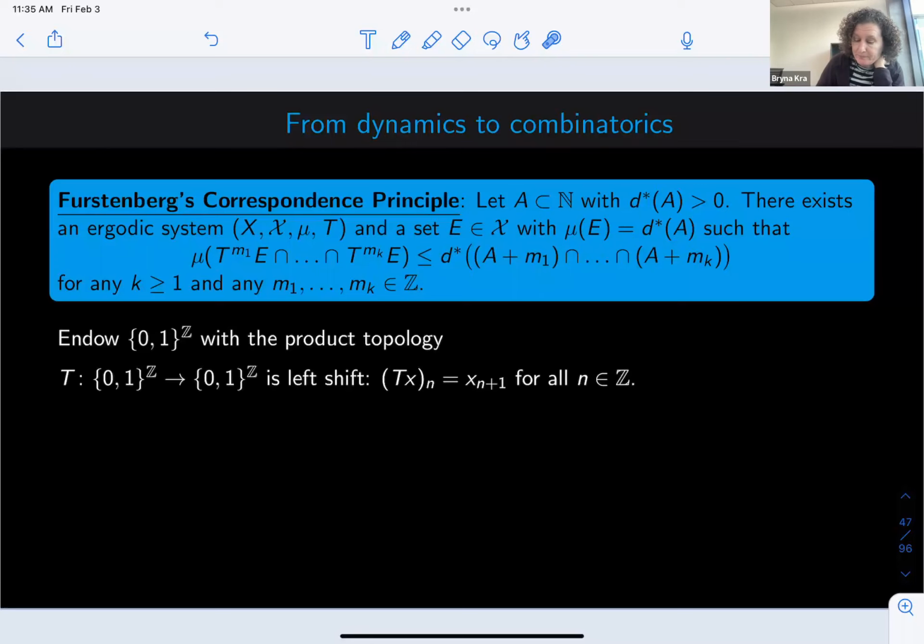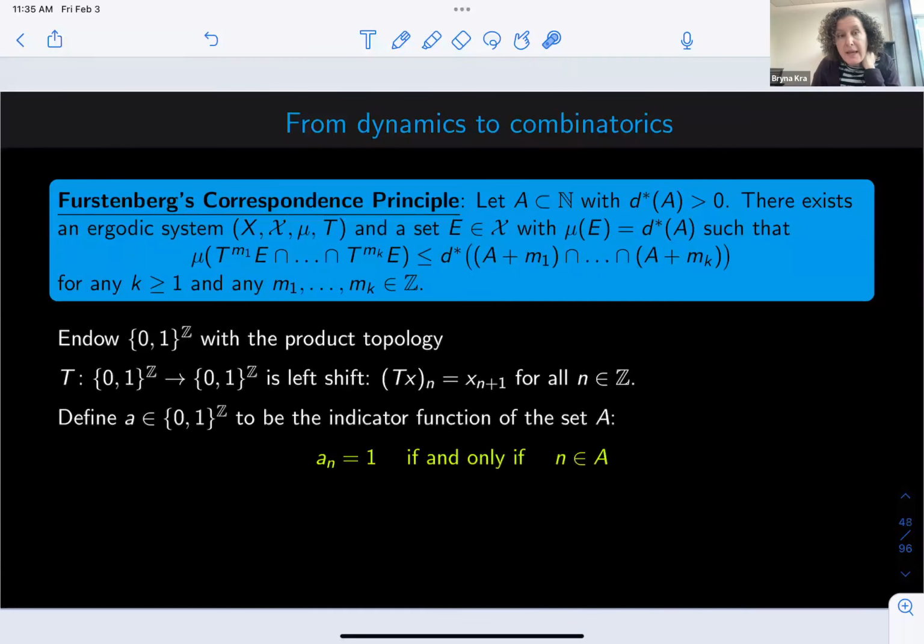T is going to be the left shift here, moving every entry over by 1. And what you do is you define a point A to be the indicator function of whatever set A you started with. This is exactly the same as we did for the topological setting: you set A_n to be 1 if and only if n is in A. Before we had more colors, but here we only have you're in the set or you're not in the set.